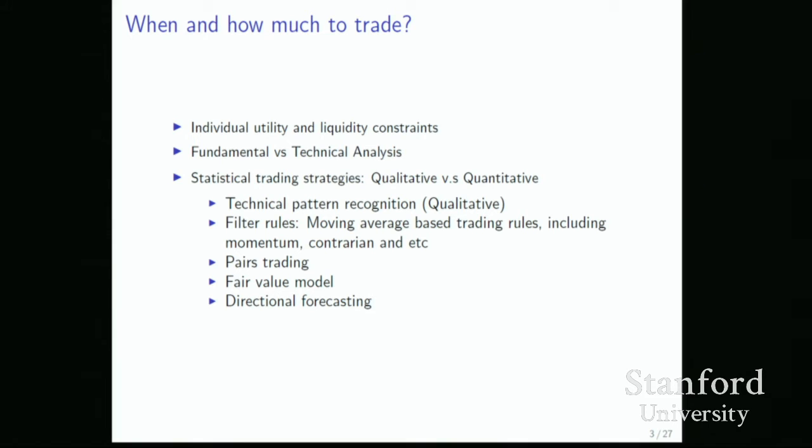Okay. So there are trading strategies. I think they are broadly divided into qualitative and quantitative. Qualitative rules are not that much used, but mostly quantitative rules. The first one is technical pattern recognition.